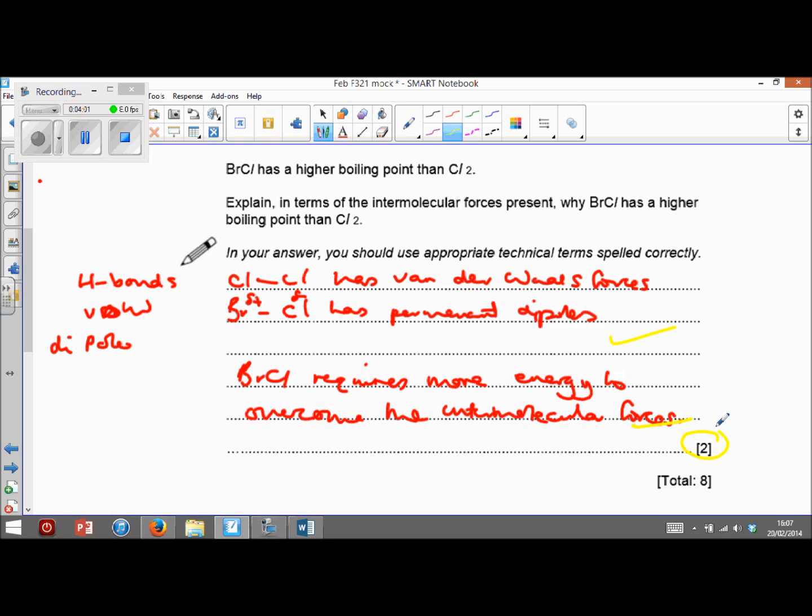But you could also say that both had van der Waals forces. There's another alternative mark scheme for this question, so you can say that both have van der Waals. However, BrCl has more electrons.